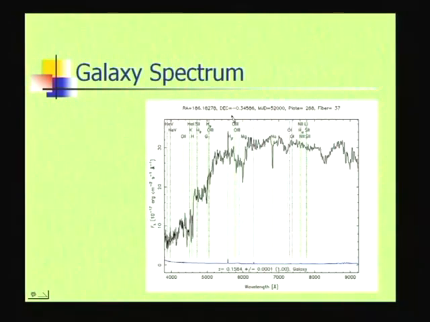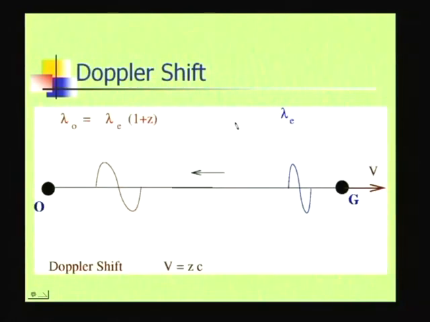In addition to this, I also told you that people who are experts in spectroscopy could identify lines in the galaxy spectrum, and if the line was found to be shifted in wavelength, this shift could be attributed to a motion of the galaxy from which the radiation was coming.